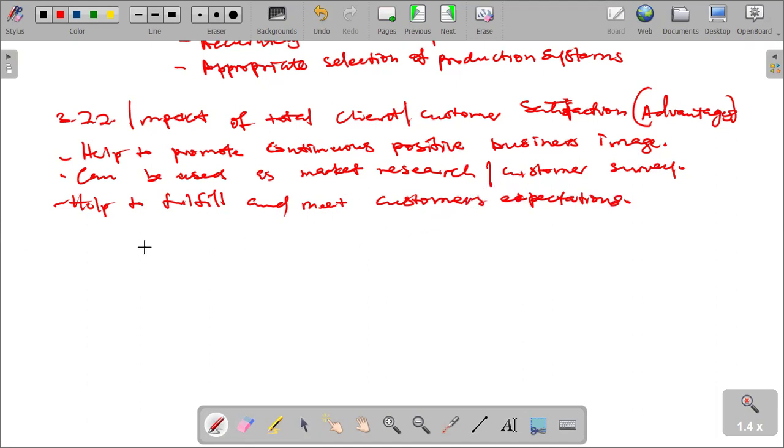It can also help in gaining access to global markets. Large businesses may be able to gain access to global markets, which may also lead to increased competitiveness and profitability.